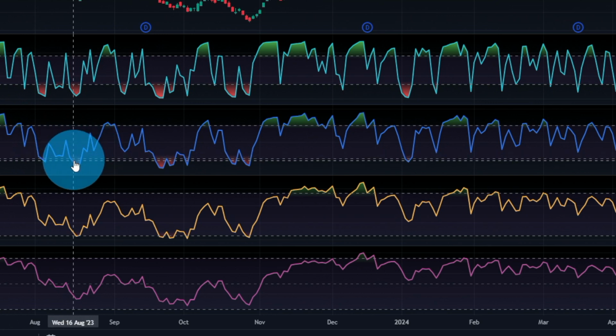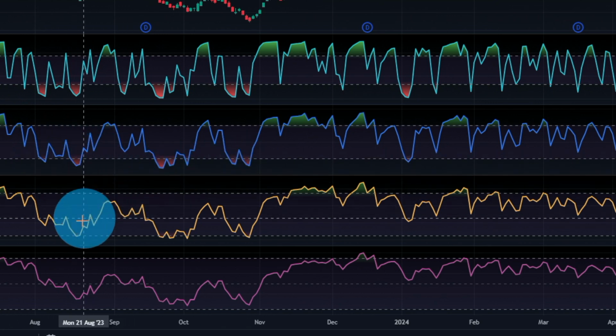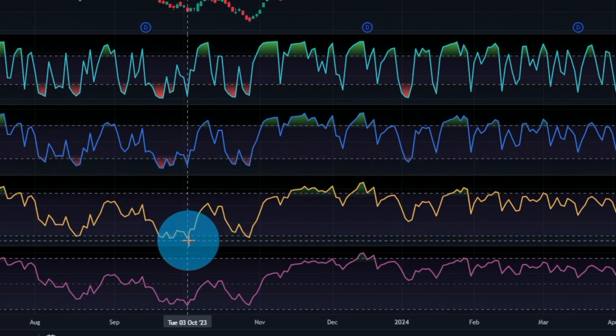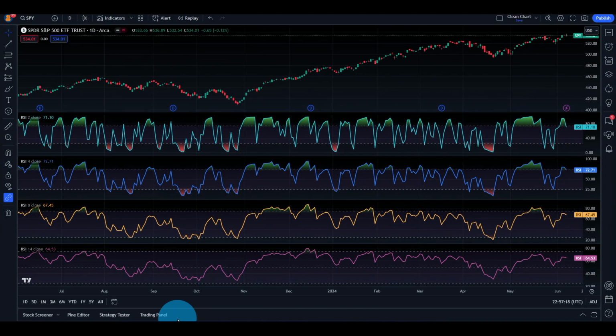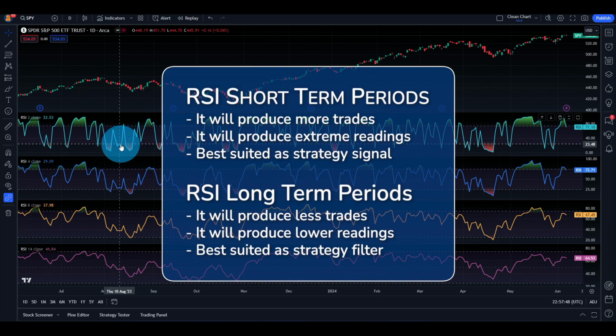And then the RSI 4, fewer signals. RSI 8, almost one signal here. And RSI 14, actually no signals at all to go long. There is a signal here to short, but we are just going long. So from this chart, we know that we will get more trades with a shorter period and fewer trades with a longer period. So that is observation 1.